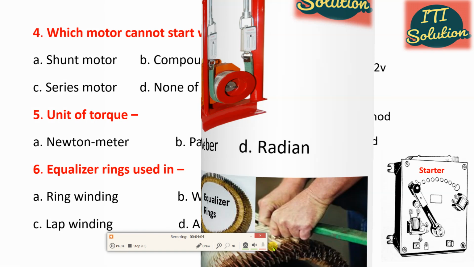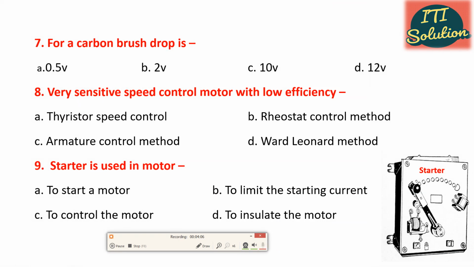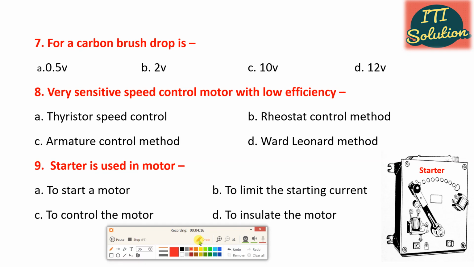Okay, next question. For a carbon brush, the voltage drop is option A 0.5 volt, option B 2 volt, option C 10 volt, and option D 12 volt. And the correct answer is of course option B 2 volt. Because in a DC machine there are two brushes, so the voltage drop is 2 volt, 1 volt for each brush.